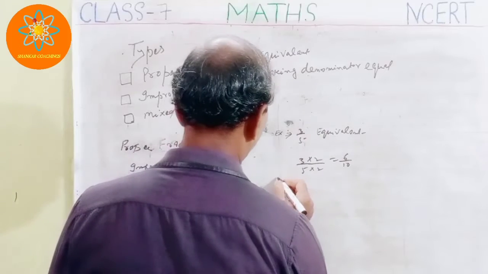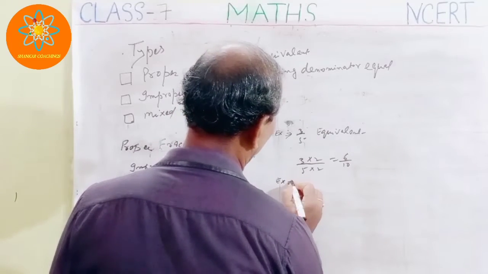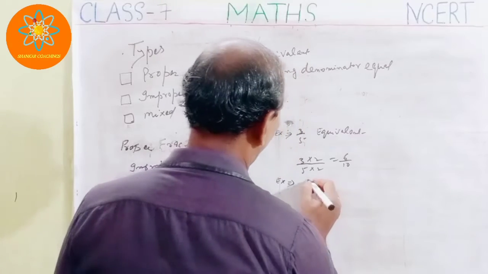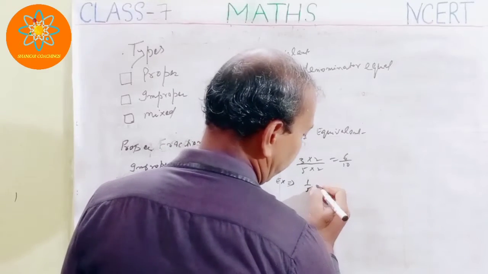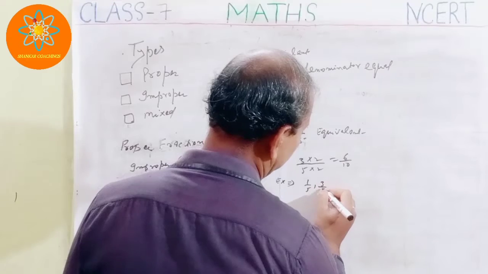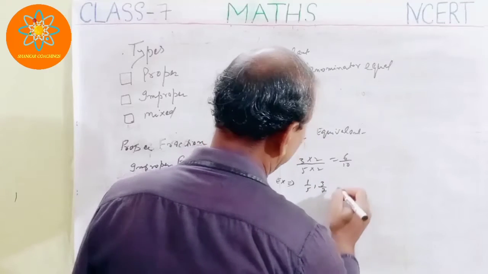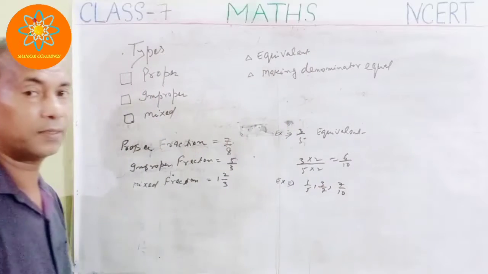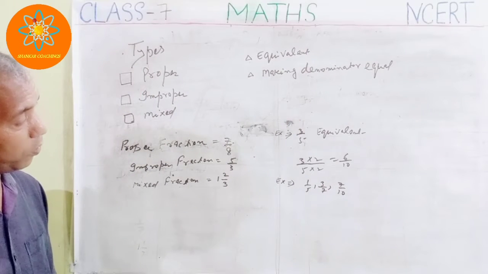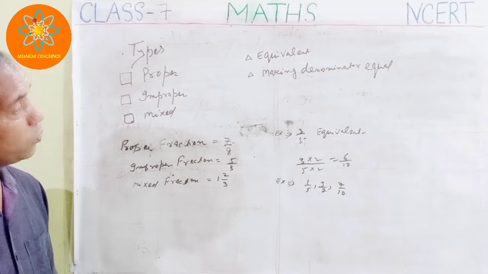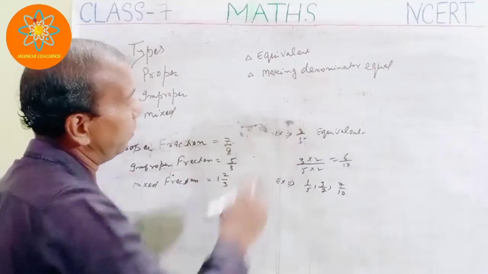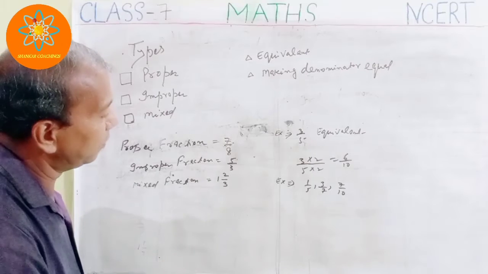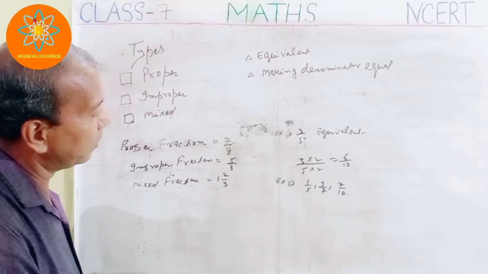Let's suppose I am taking one example: 1 by 5, 3 by 7 and 7 by 10. These are the fractions, and let's suppose I want to make the denominators equal so that I can arrange them in ascending or descending order.